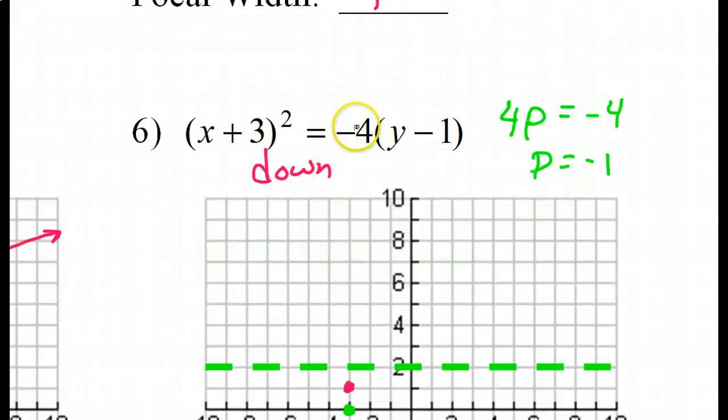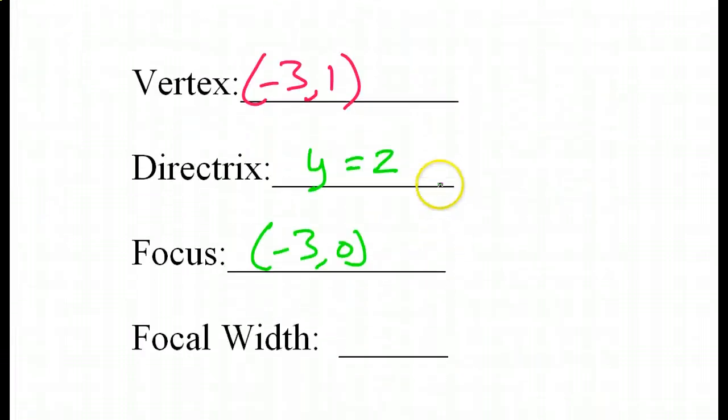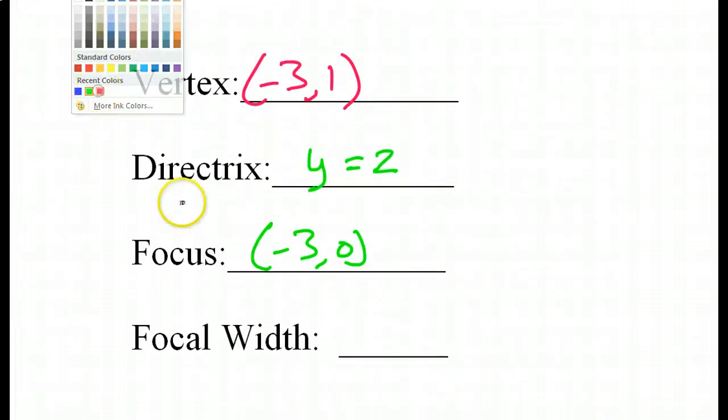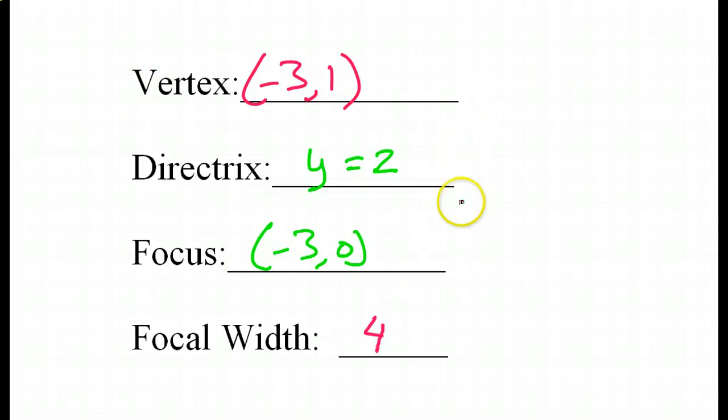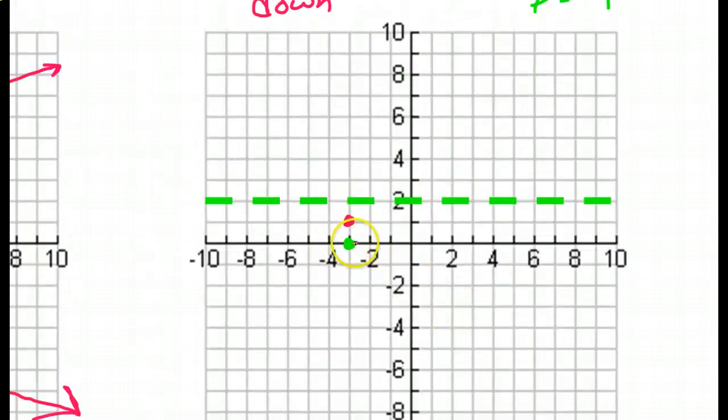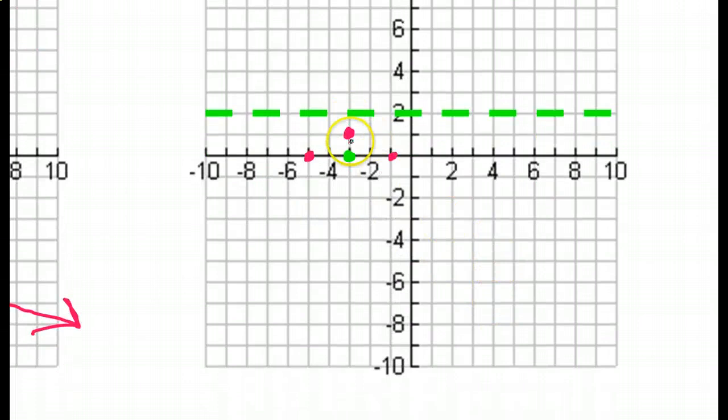Do not include the negative sign. So if I want a focal width of 4, that means I need to go 2 to the left and 2 to the right. So that allows me to draw the parabola. So that's number 6.